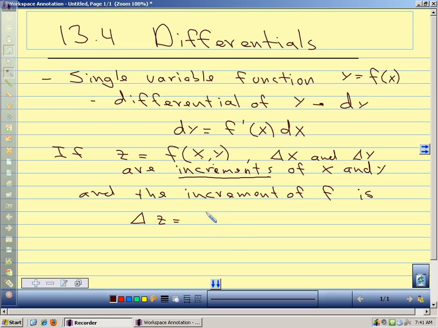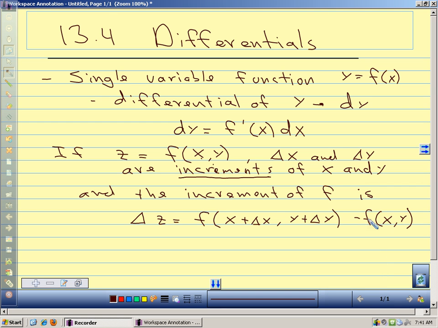So that's going to be f of x plus delta x, comma y plus delta y, minus f of x, y. So this is just how much our function changes as we change the variables x and y by these increments delta x and delta y.